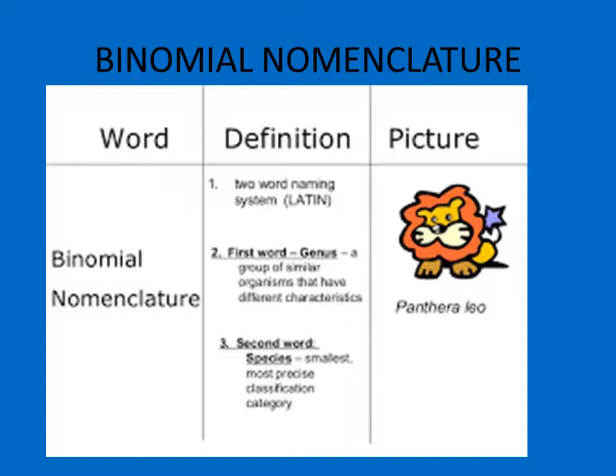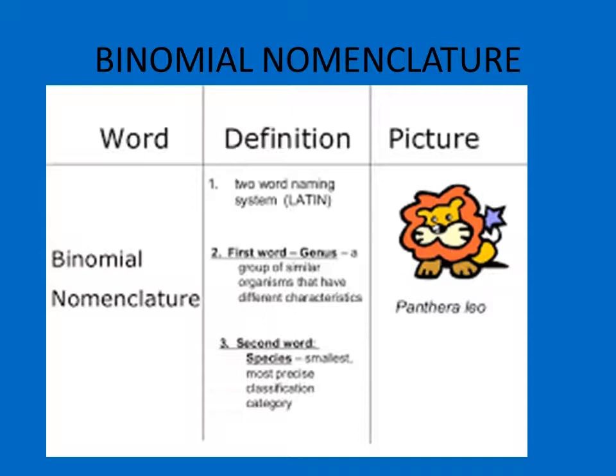The first word always indicates the name of the genus, and the second word always indicates the name of the species. Whenever we have to write the name of a particular species, always the name of the genus starts with a capital letter, whereas the name of the species always starts with a small letter.